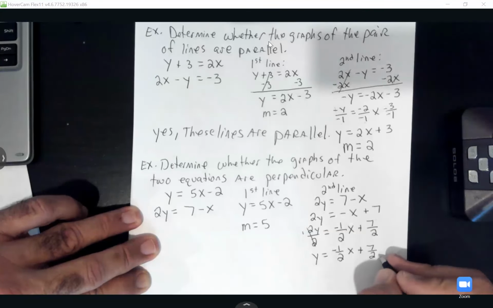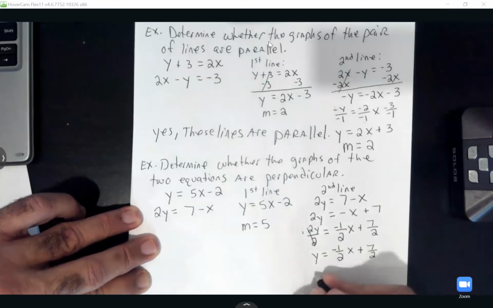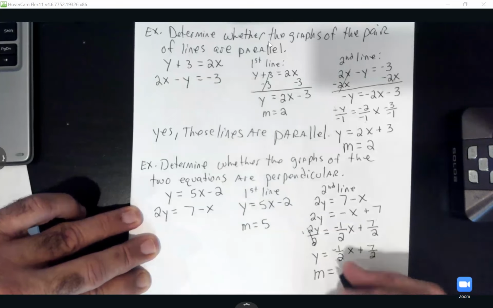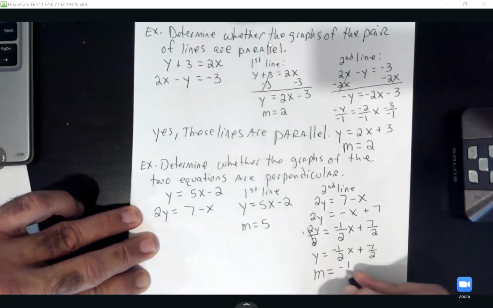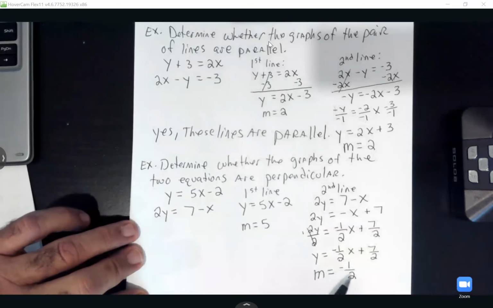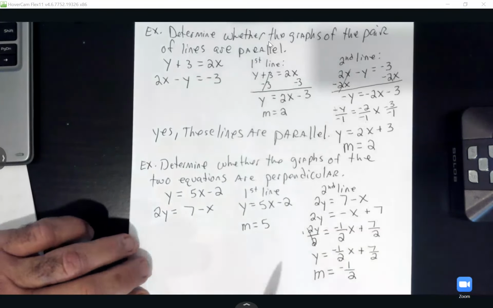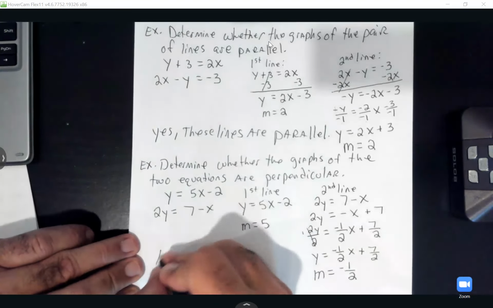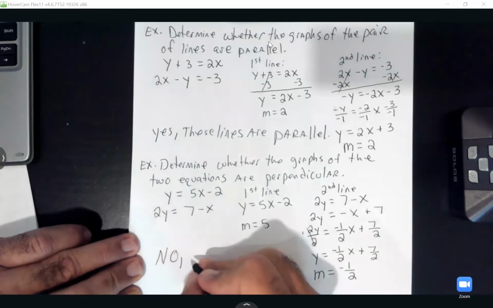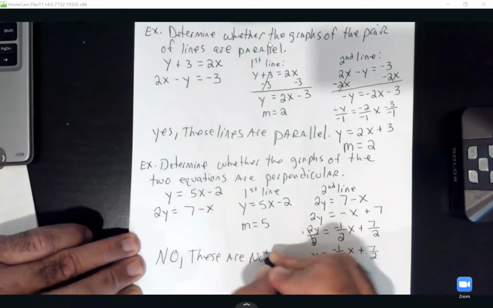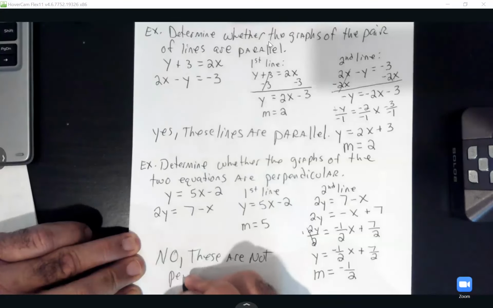That's going to stay 7/2. But what I needed was the slope. And the slope is the number in front of the x, which is a negative 1/2. So these two slopes are not negative reciprocals of each other. So then this would be no, these are not perpendicular.